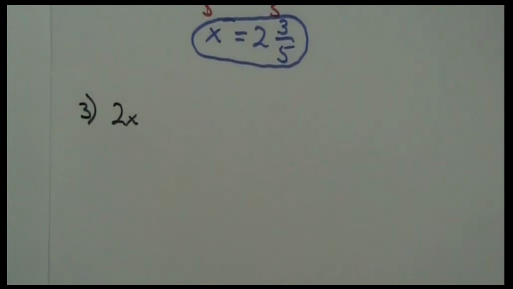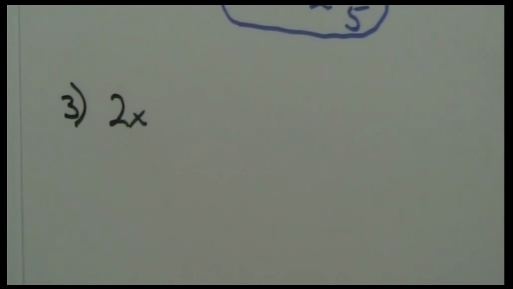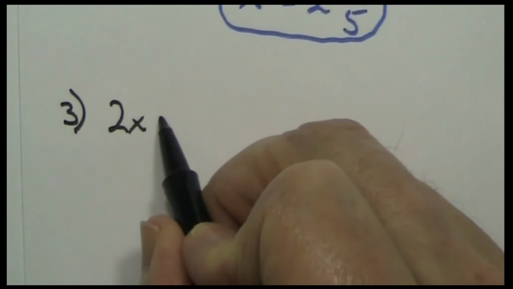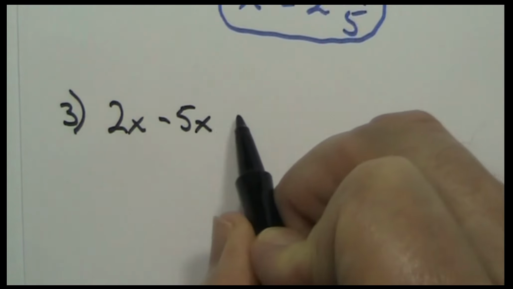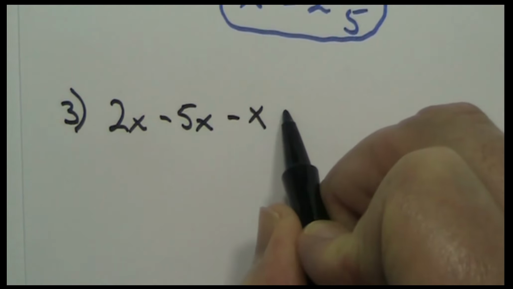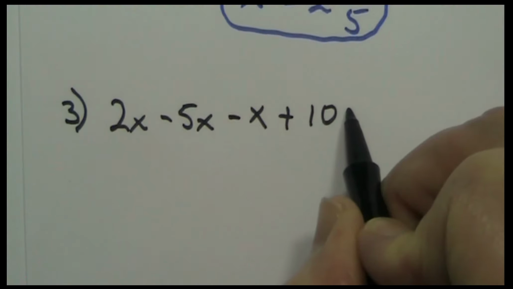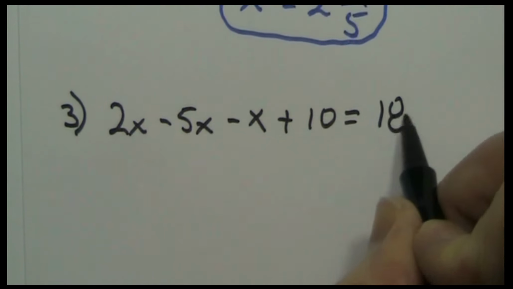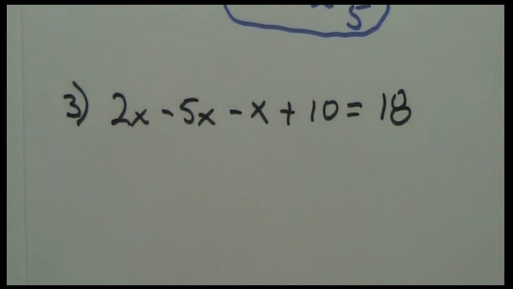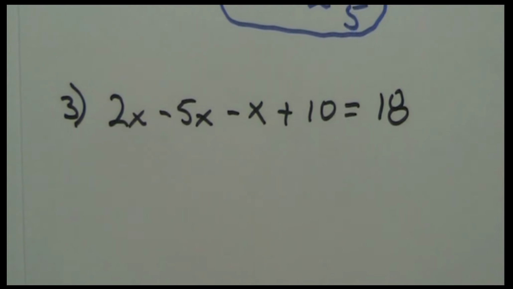Okay, number 3, let me zoom in a little bit. This one's a little bit different. 2x minus 5x minus x plus 10 equals 18. Wow, okay, so the first thing we need to do is combine like terms.